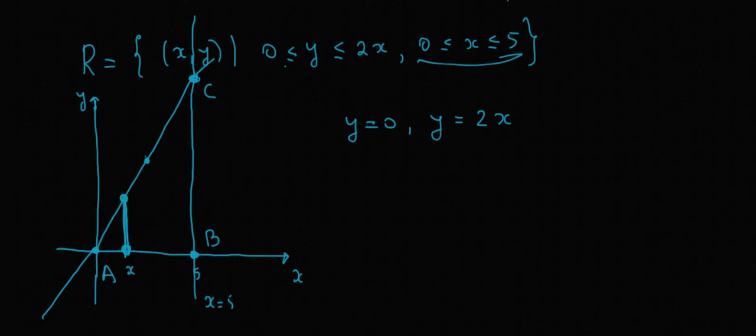And if you choose a different value of x, you're going to get a larger or smaller vertical segment, depending on which direction you're going.